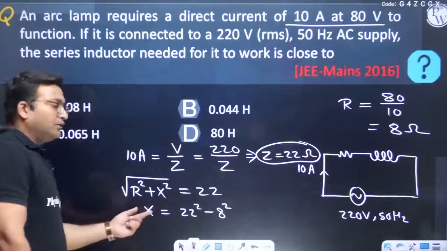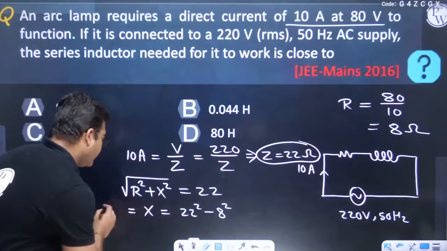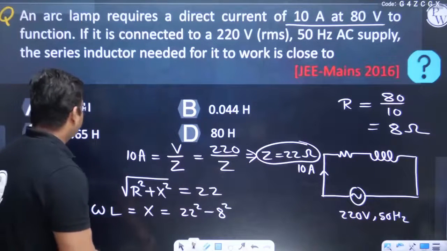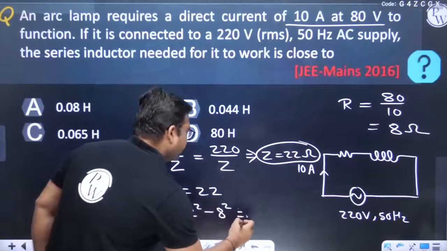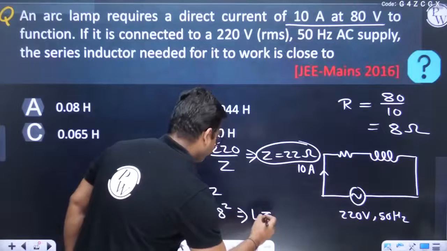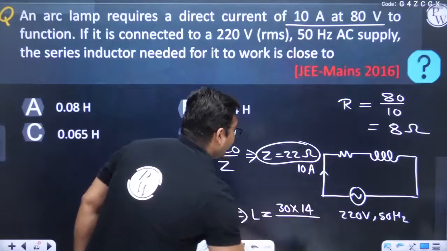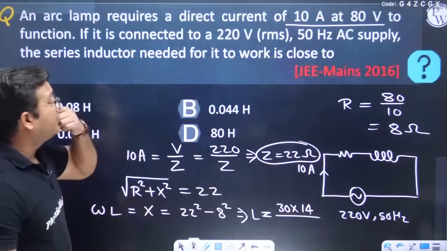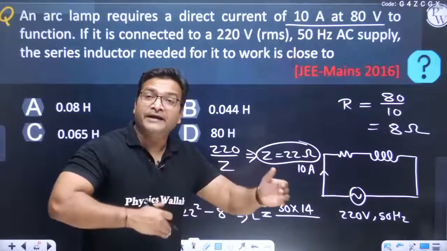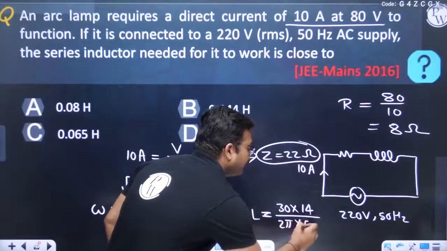This is X, the reactance of the inductor, and the reactance of the inductor is equal to omega times L. So now you write L equals the square root of 22 square minus 8 square, which is actually 30 multiplied by 14 under the root, divided by omega, and omega here, as the frequency is 50 Hertz, will be 2 pi f, that is 2 pi times 50.